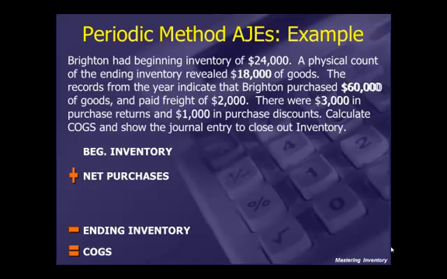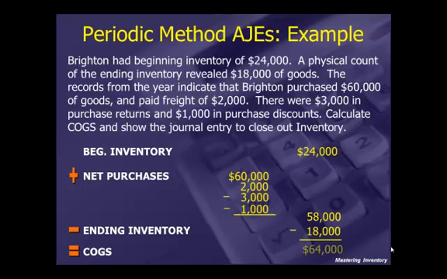It's good to keep in mind that over on the left, the beginning inventory plus net purchases less ending inventory equals cost of goods sold. And we can start to work with our numbers. The 24,000 is beginning inventory, 18,000 ending. We had 60,000 purchased, 2,000 in freight, less 3,000 in purchase returns and 1,000 in purchase discounts.